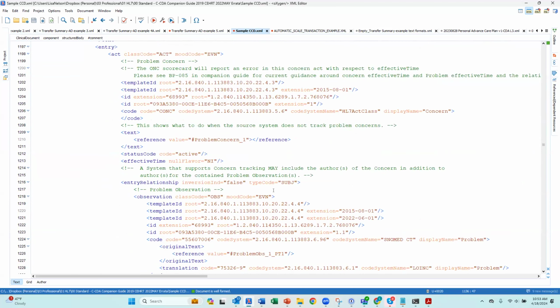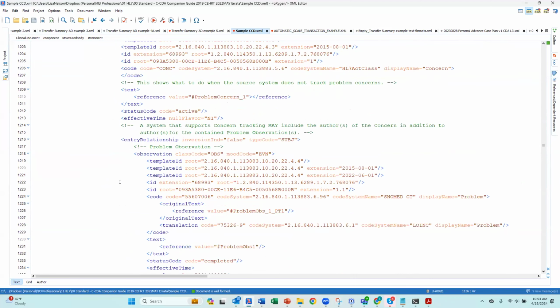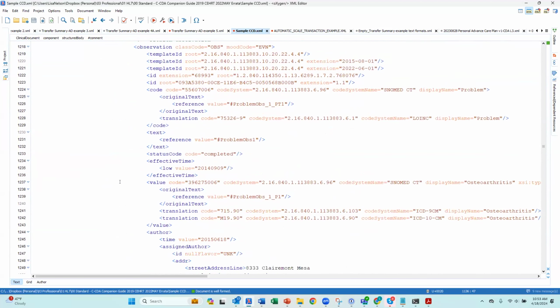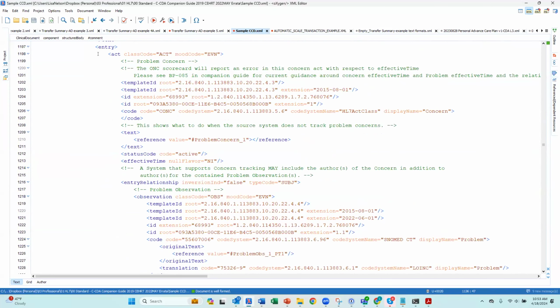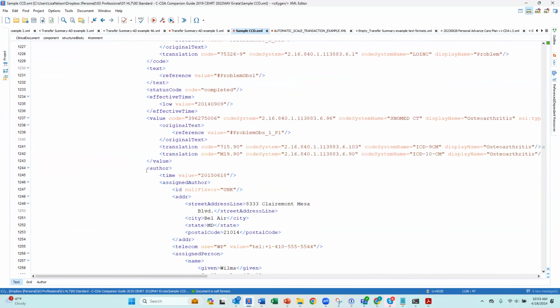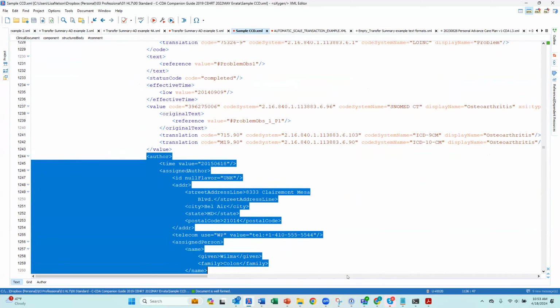But so yeah. Matt, here's your XML. So here's a problem concern, there's this outer act. And then inside here, there's a problem observation. And we've previously always given guidance about putting the author of this whole problem concern entry, carrying the author down here on the problem observation.